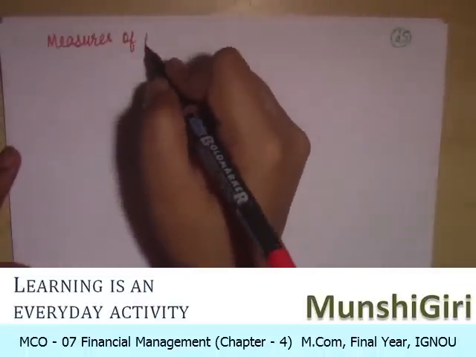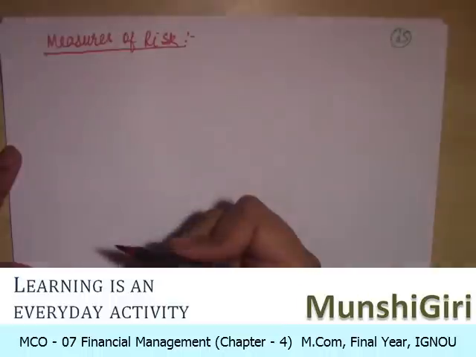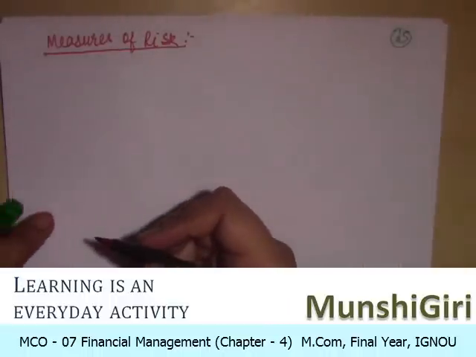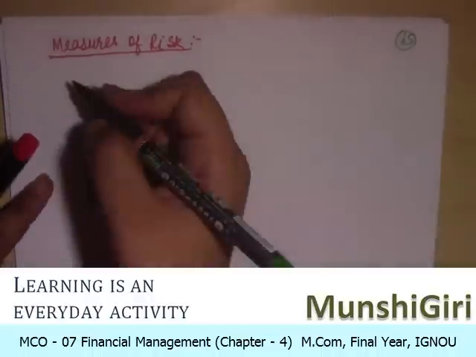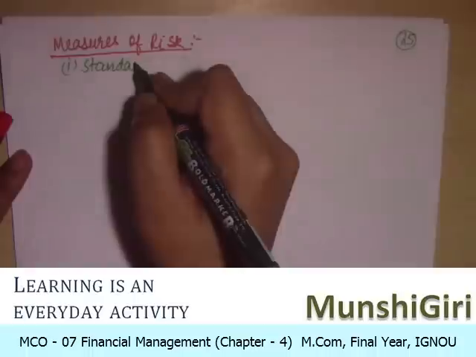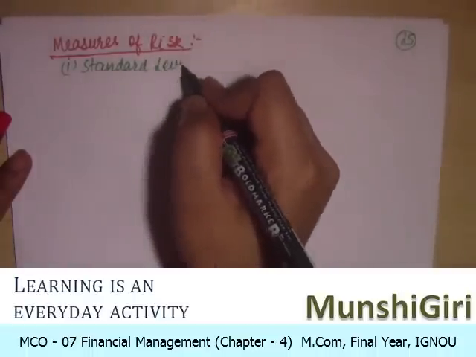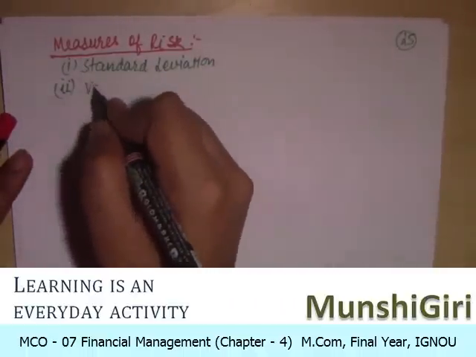Measures of risk. The following statistical techniques are used to measure risk. First is the standard deviation. Second, variance.